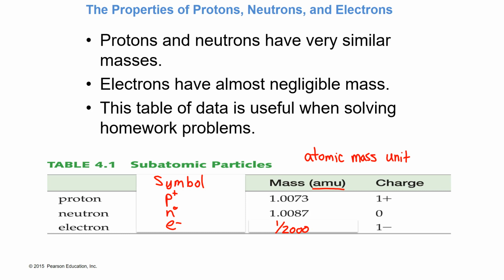But I don't need us to know the exact number. I just need us to know that it's very, very small in comparison for mass. But even though the mass difference is that much, when we look at charge, they're equal and opposite, 1 and 1. And remember, in this class, when we talk about positive and negative, it's more about direction than it is a true negative like you would look at in a math class.